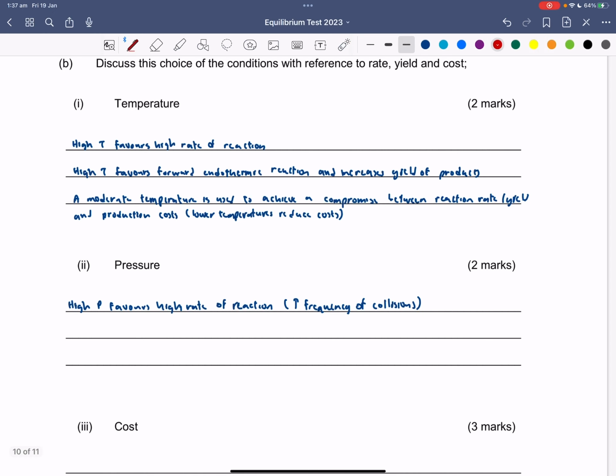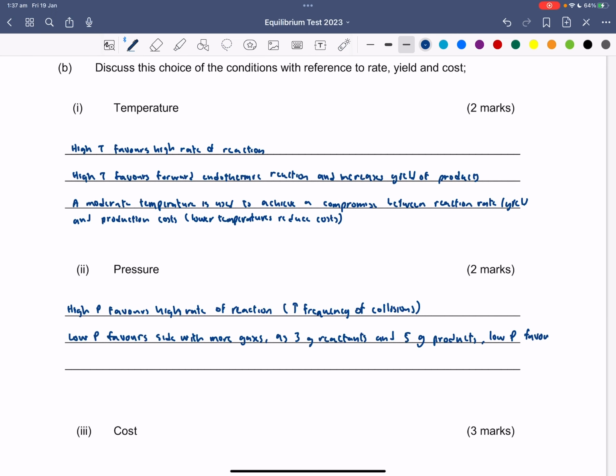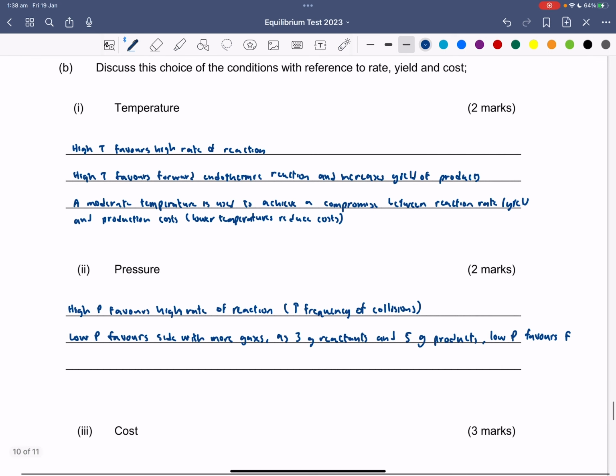We can explain that a low pressure favors the side with more gases, and as there are 3 gaseous reactants and 5 gaseous products, a low pressure favors the forward reaction, aka an increased yield of products.